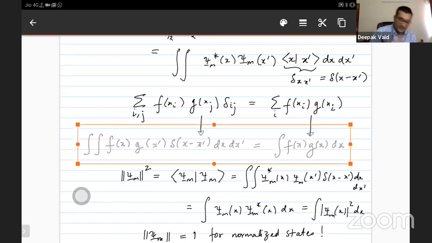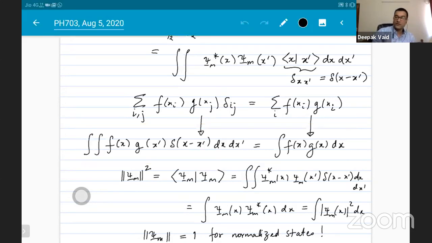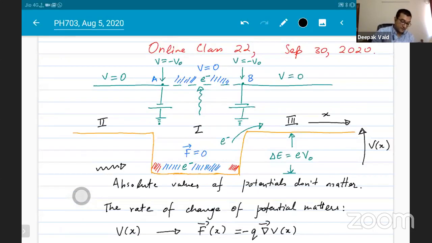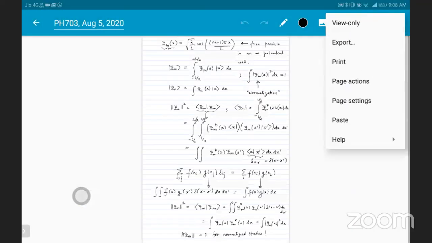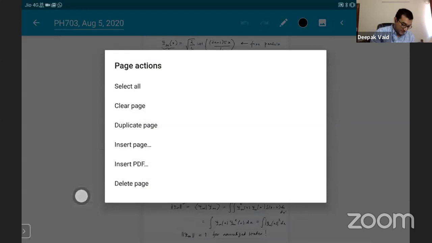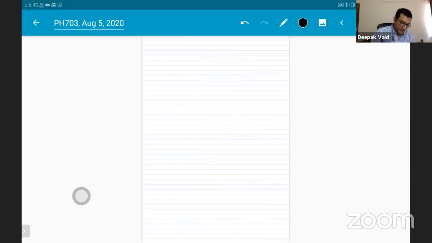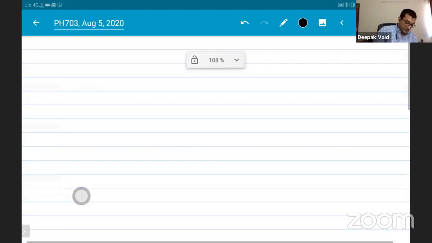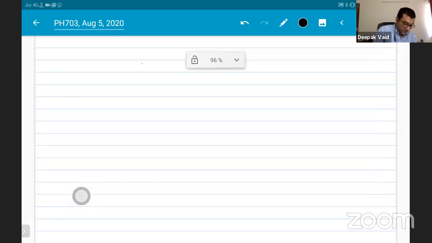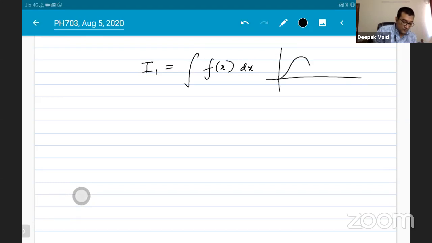I see what you mean. There are two dx and dx prime, but on the RHS there's only dx. So your question is the following: when I talk about an integral, let's say I1 of some function f(x) dx, then this integral amounts to calculating the area under this curve, right?